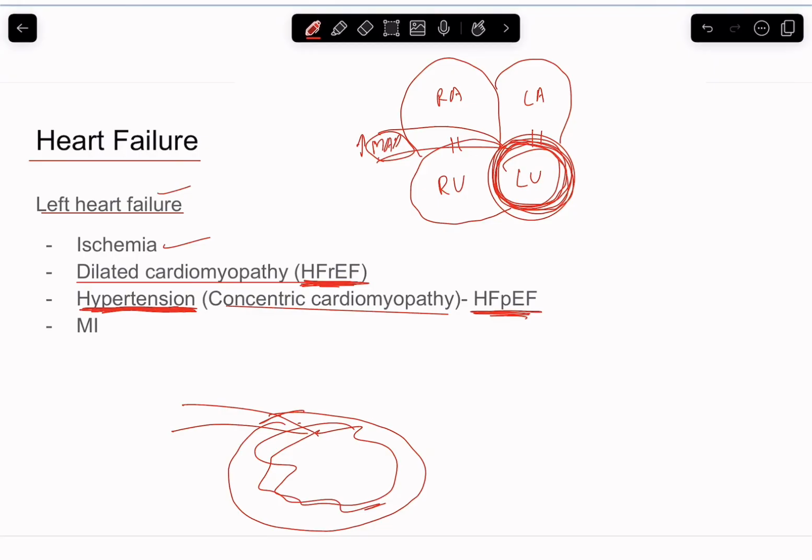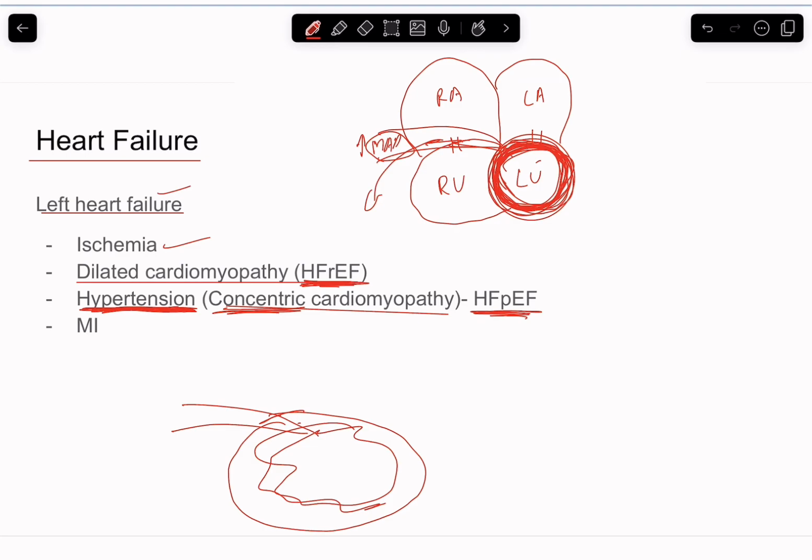So the heart muscle will get hypertrophied, and eventually have concentric hypertrophy. The heart muscle will be able to withstand the force and counter the force and push the blood into the systemic circulation.